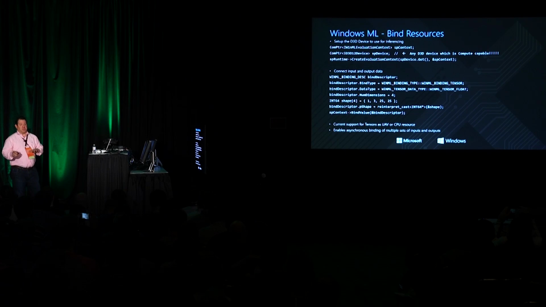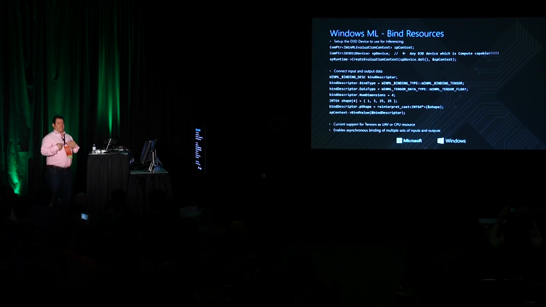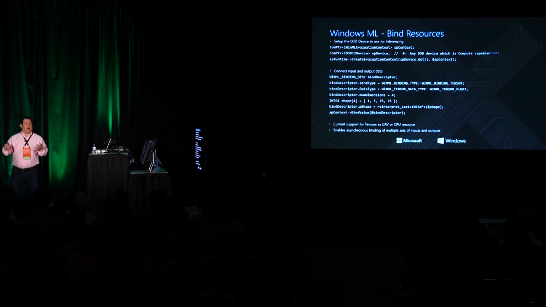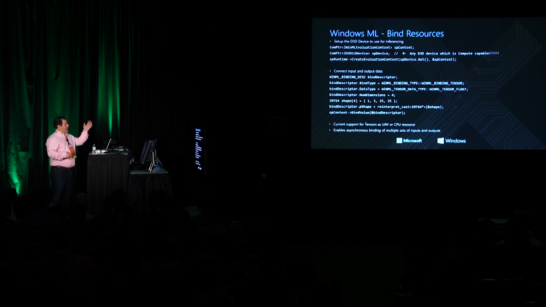Basically, we use the CPU as the machine learning version of WARP. So you'll choose the device you want to use for inferencing and then bind your resources. Every resource, like in D3D, you'll create a descriptor that defines to the system what this thing looks like: its shape and dimension, the data types contained inside of it, and a reference to the image itself. So in this case, we have a tensor.